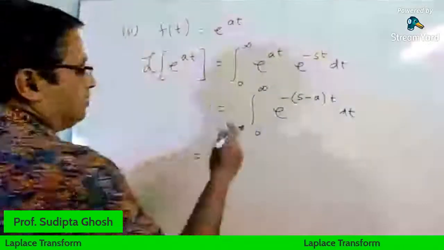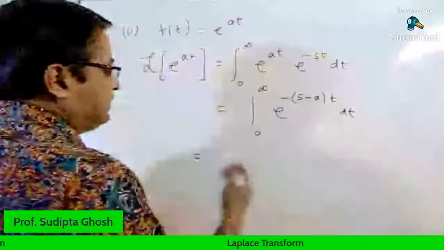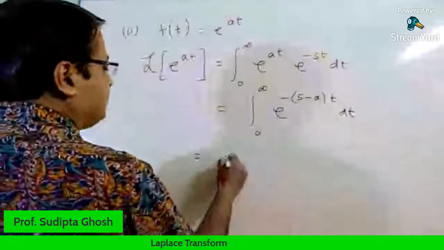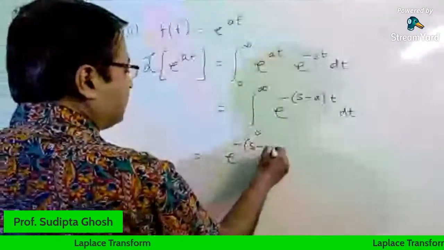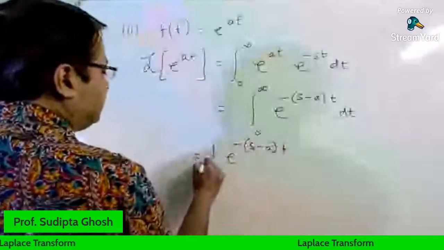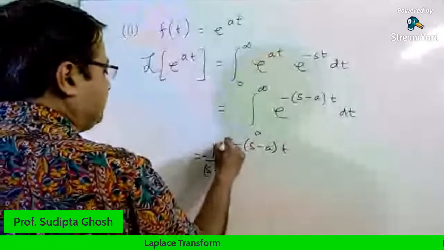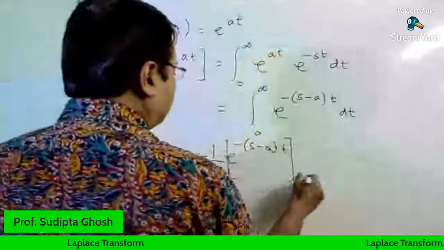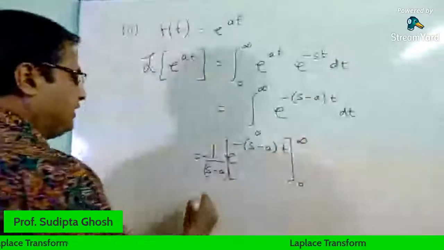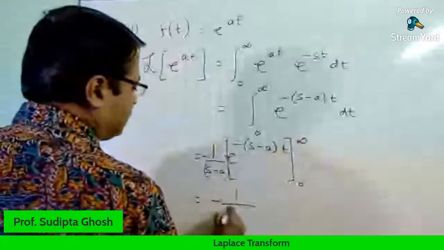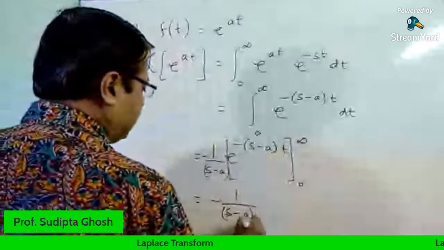Then the integration: the integral of e to the power minus of s minus a t is 1 by s minus a with a negative sign. Putting in the limits 0 to infinity, it becomes minus 1 by s minus a.